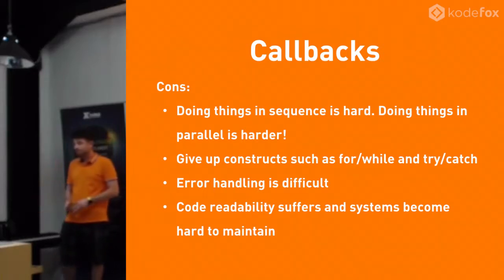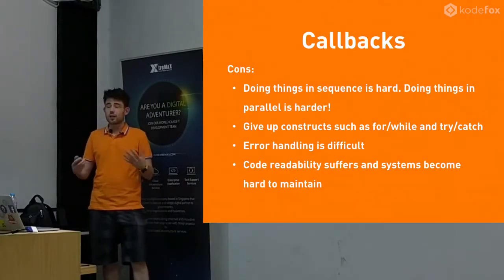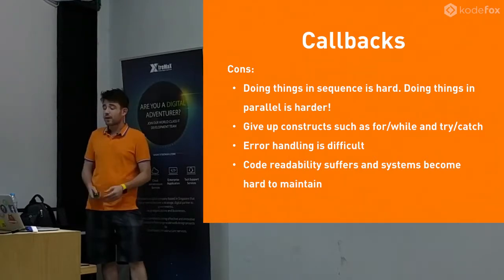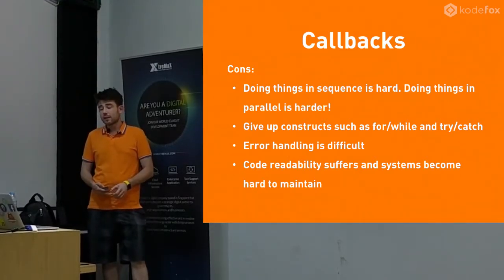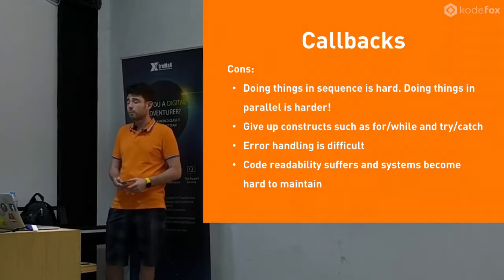And then there's error handling, right? As you know, you always have to check this error parameter. Things could fail during the middle of a network request. It needs to be handled. And your code readability goes downhill pretty fast. So systems become kind of hard to maintain when there's a lot of callback asynchronous code.